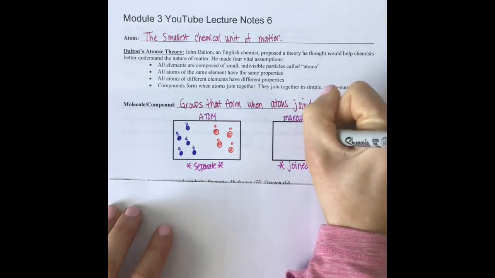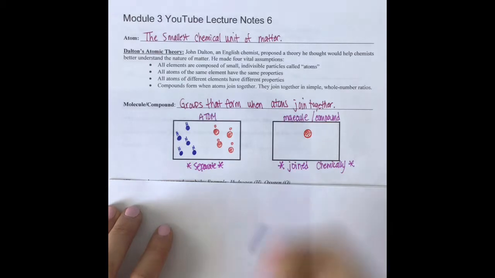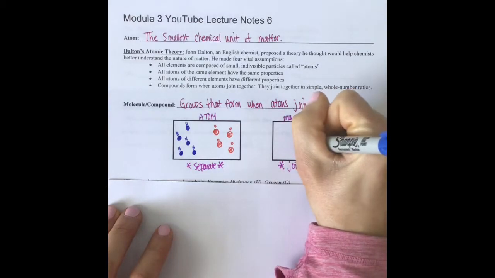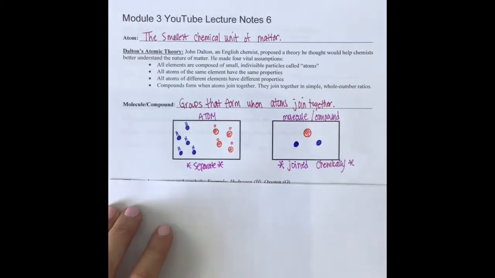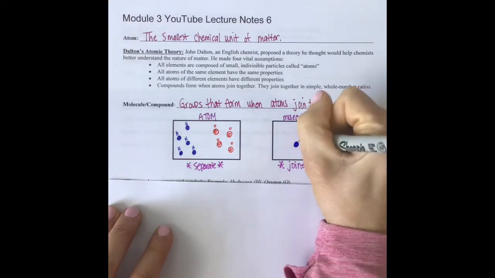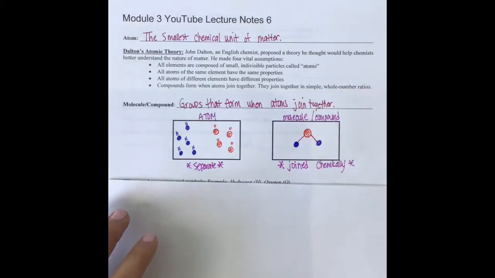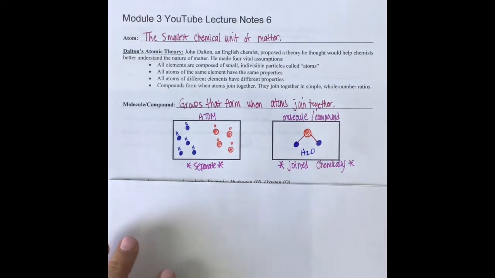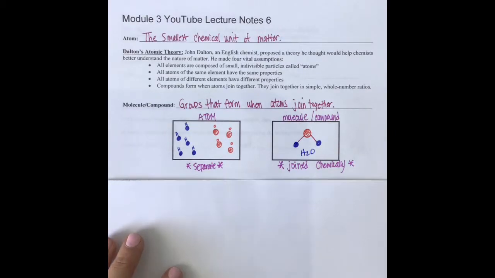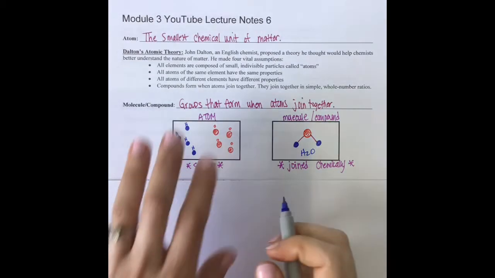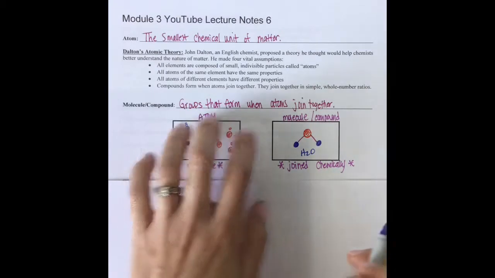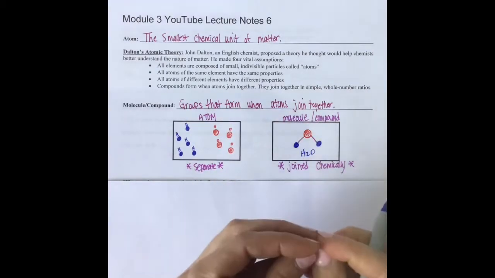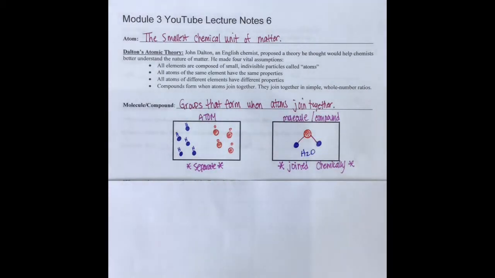Water is H2O, so we need 2 hydrogens and 1 oxygen, and they're joined together with bonds. We can call this H2O or water. So I hope that helps you see the difference between atoms that are separate, molecules or compounds that are fused or joined chemically together.